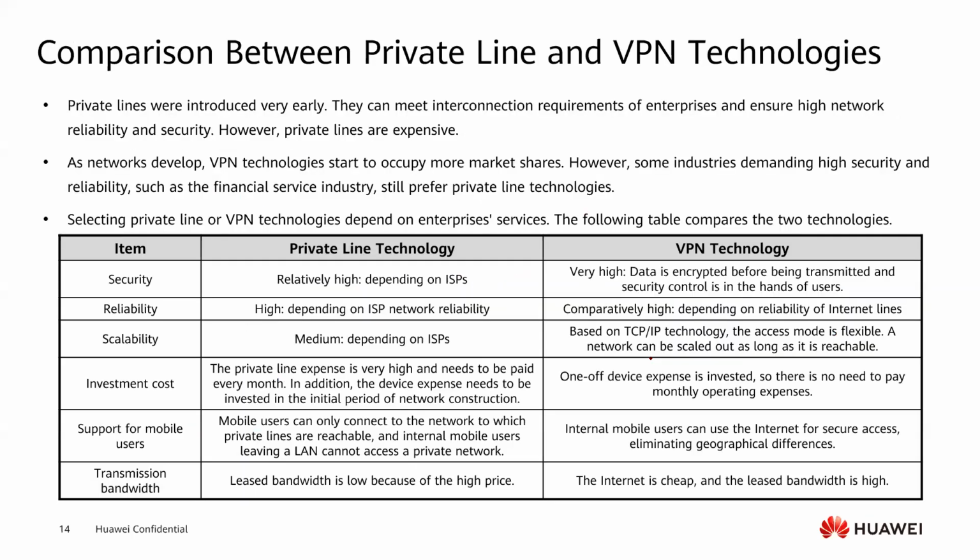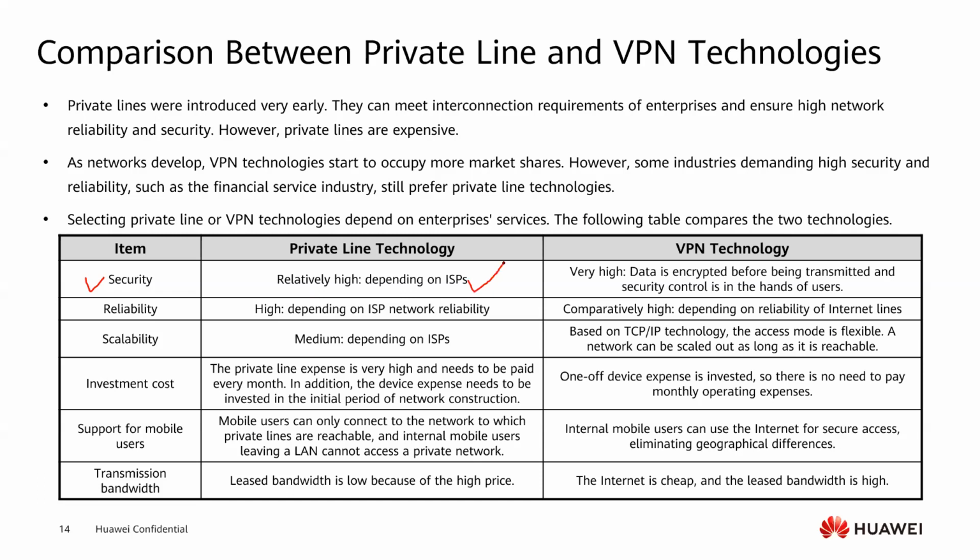Okay, so between the private line and VPN technology, which one should people choose? First, it totally depends on the requirement of the customer, but these two technologies have some pros and cons. So let's look at it quickly. For security, the security of the private line actually depends on the ISP.